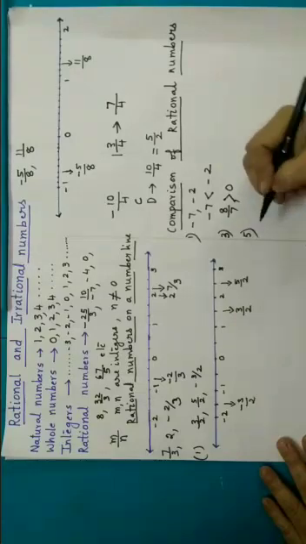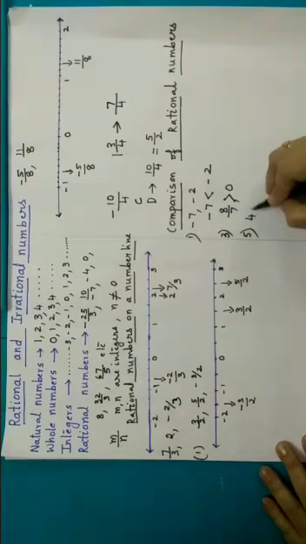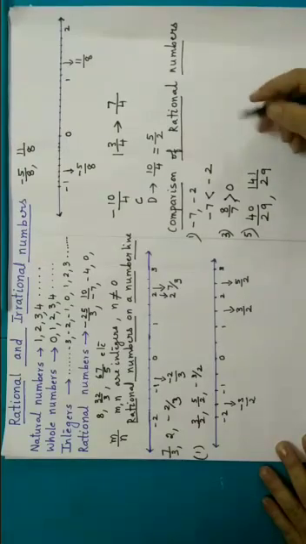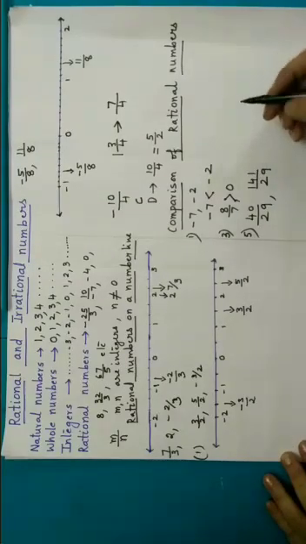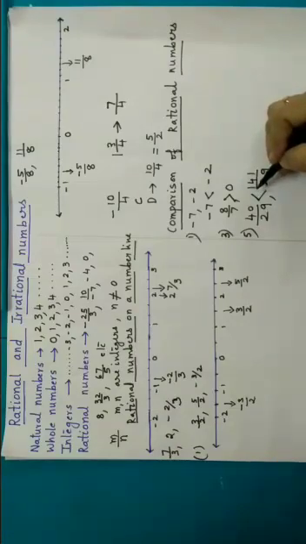Next is the fifth one. 40 upon 29, 141 upon 29. Which is bigger here? Which is smaller? From the numbers it is very clear both have the same denominator. Bigger numerator will be bigger. Smaller is small. So the fifth is completed.